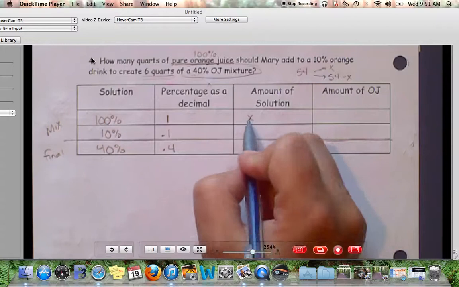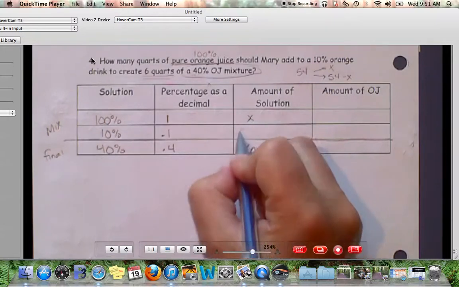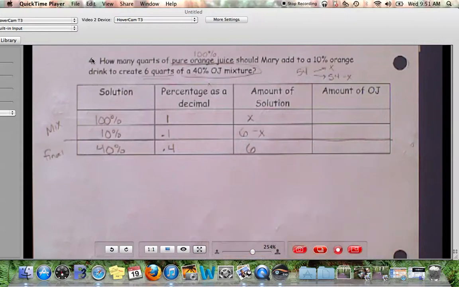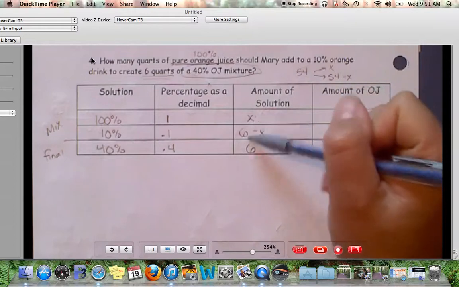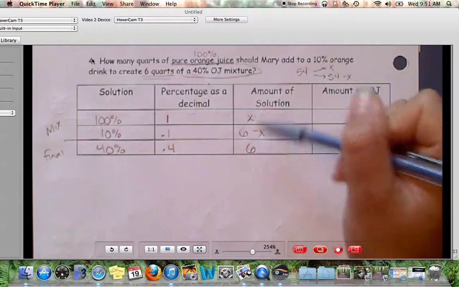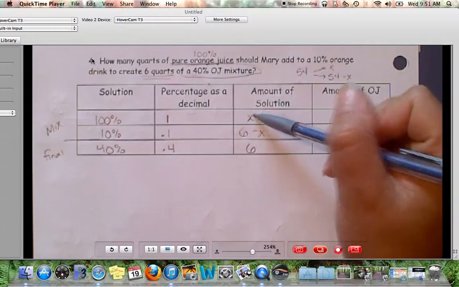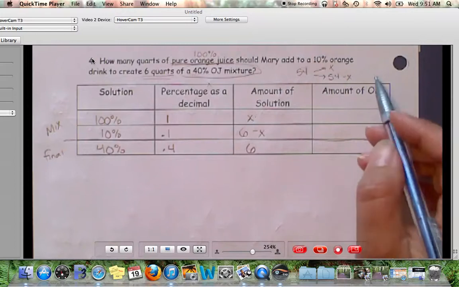If that one's going to be X and we need a total of 6 quarts, then this would be the total minus X. So here's where you can get different. If you know one of these and then this is your unknown, you add them to get this one. If you know a total, a final product, then you call one of them X and the total minus X. So that can change depending on what the question says.